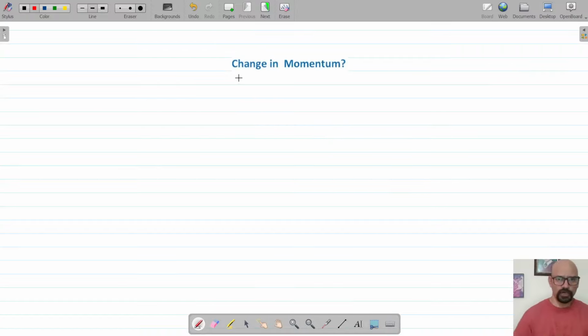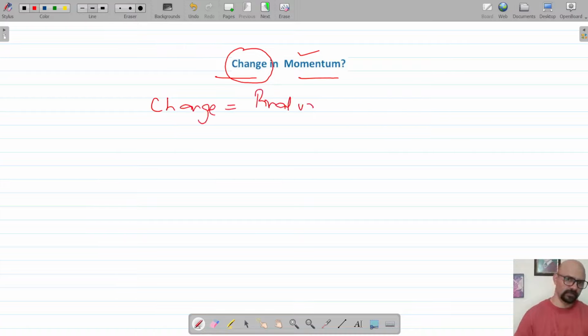Okay, now what is change in momentum? Before we move on to that, let's see what change is. Change is actually the final value minus the initial value.